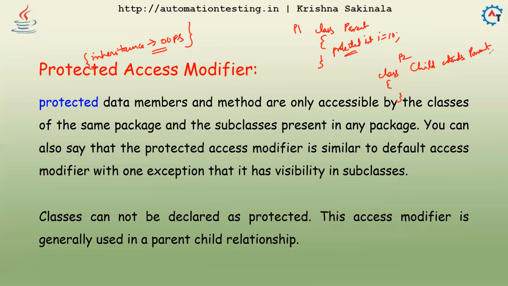Class Child extends Parent means it will get all the properties of the Parent class into the Child class. So now you can access this i here. You can access this i from this Child, even though it is in another package, if there is a relation between parent and child using this extends keyword.